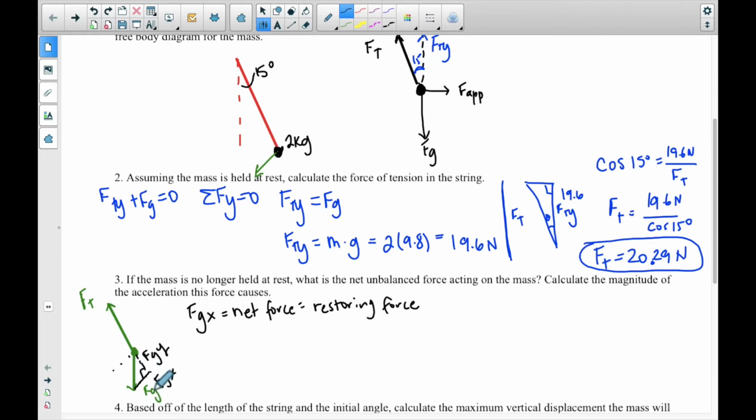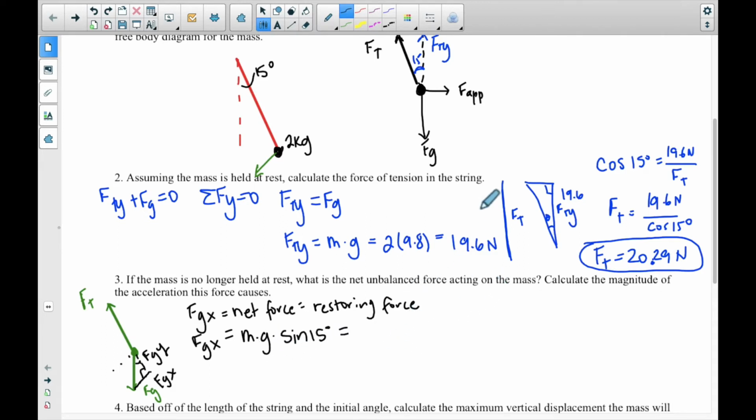Okay, if we look at this FGX here, it is across from the 15-degree angle, right? There's my 15-degree angle. There's my FGX. So my FGX is across from, that means sine. I know that FG is mass times gravity. So this FGX is going to be mass times gravity times the sine of 15.